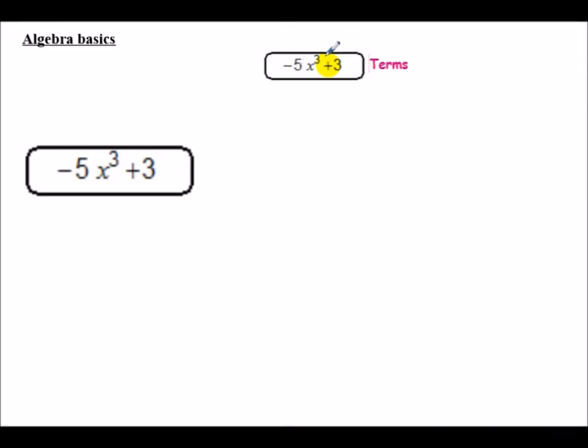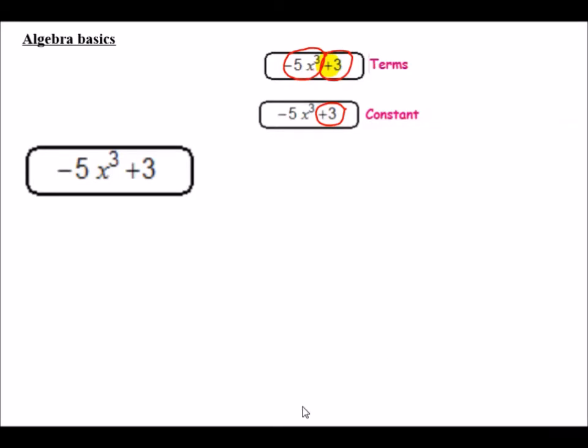There's my negative, that is negative 5x cubed, and my second term is positive 3. The sign belongs to the coefficient or the variable that follows it. The constant, that is always the number value. In this case, the constant is positive 3.